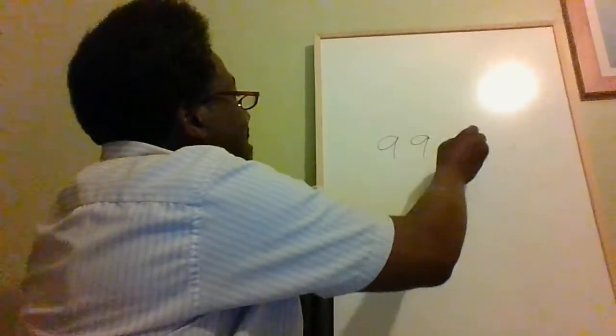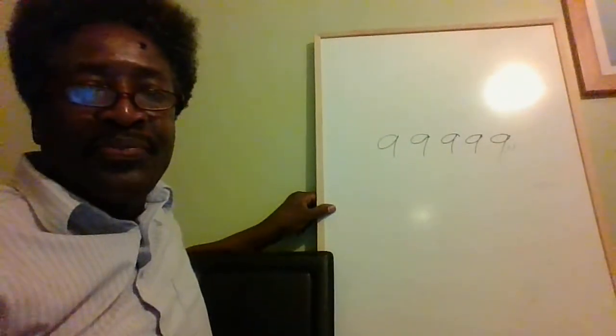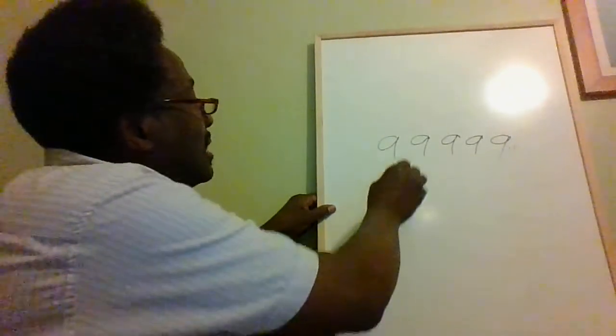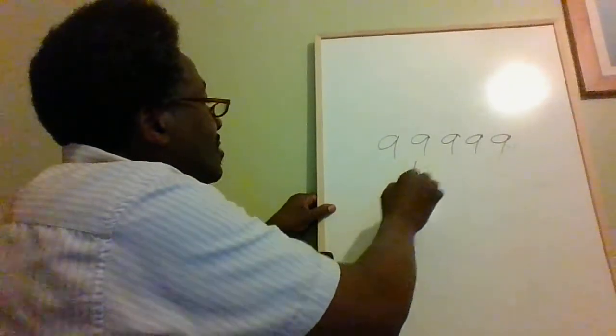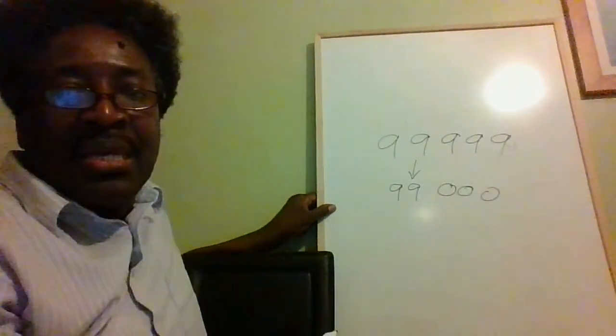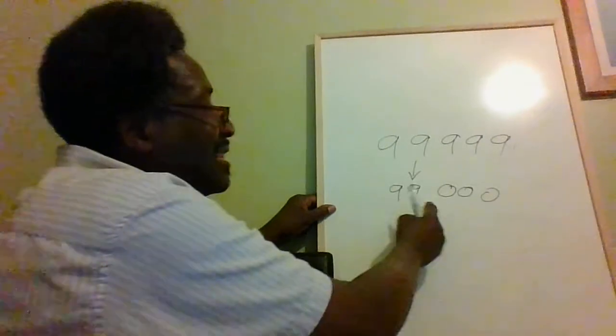Let's go with 99999. Same principle. 5-digit numbers, keep the first 2 digits. So you have 99000. And then you can clearly see this is 99,000.